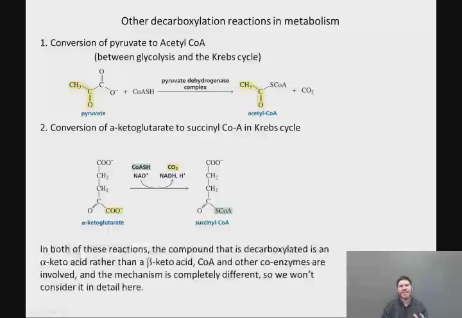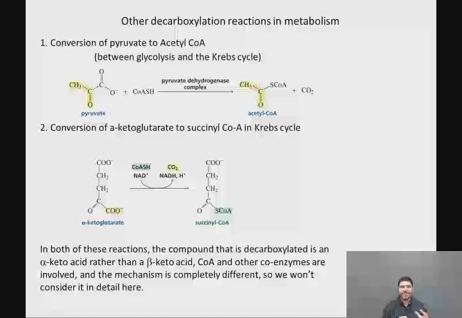In both of these reactions, the compound that is decarboxylated, if you look at it carefully, is an alpha keto acid rather than a beta keto acid. Furthermore, both of these reactions involve coenzyme A and also other coenzymes that I'm not even listing on this slide.